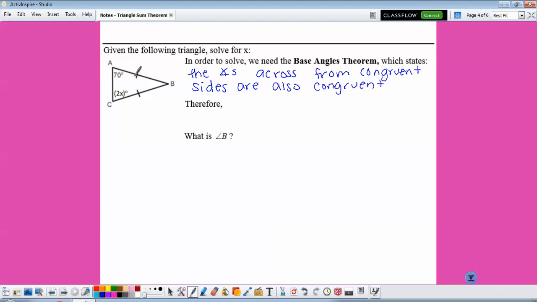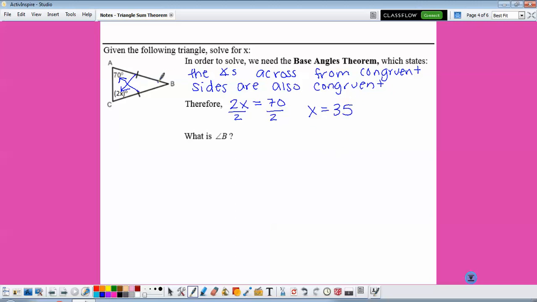So if I go from this side, across from it is 2x. Across from this side is 70. That tells us that 2x must equal 70 since the sides were congruent. If we divide by 2, we get that x equals 35.